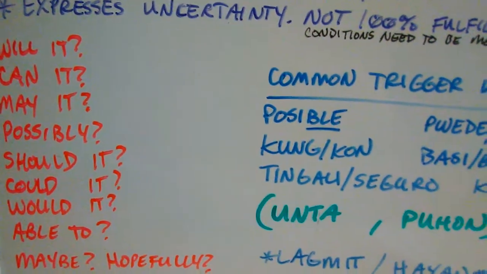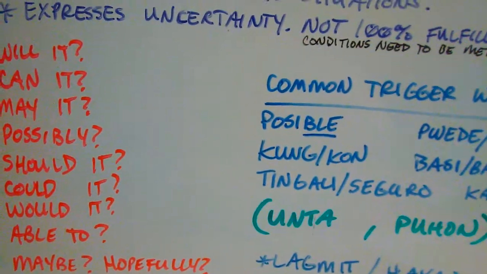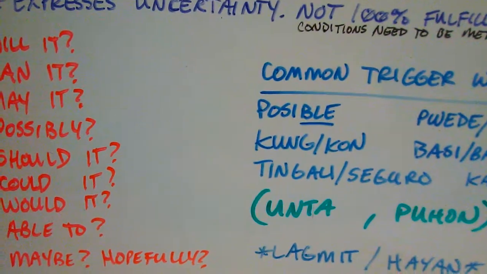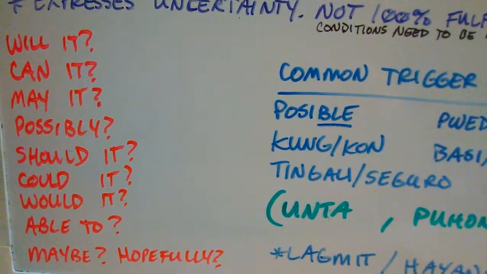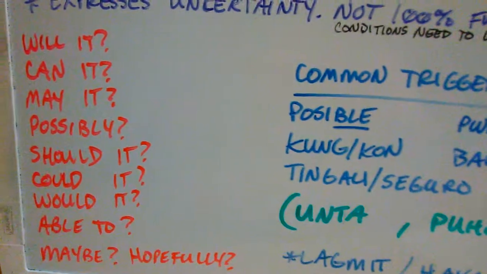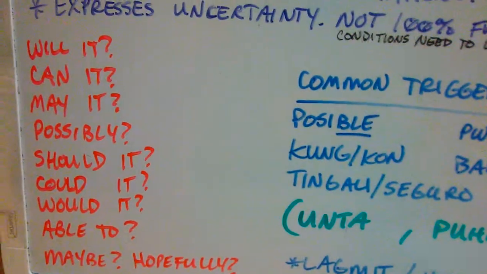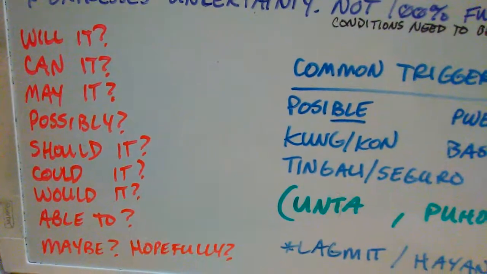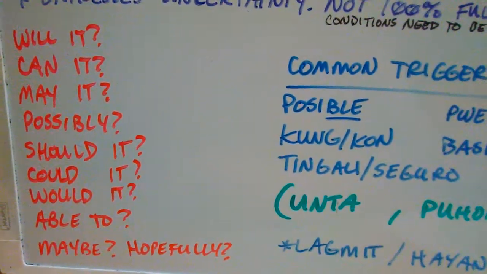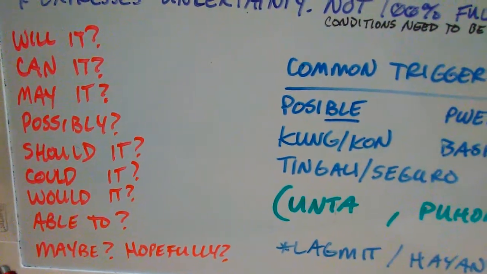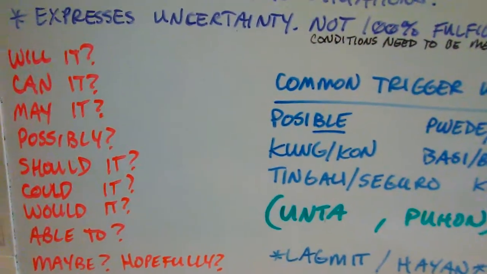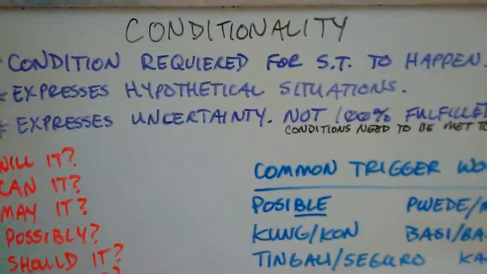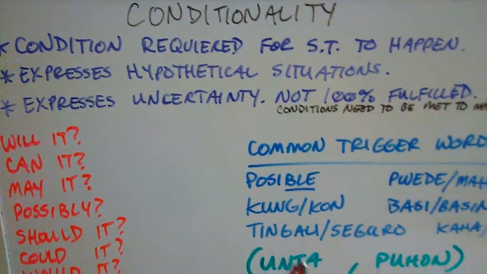You see, all of these express uncertainty. They express some sort of hypothetical situation or introduce a hypothetical idea or concept, right? It's a condition. They all introduce a condition. So just think of it that way, right? And this is just going to be a really quick introduction to conditionality. It's not going to be a long video, right?